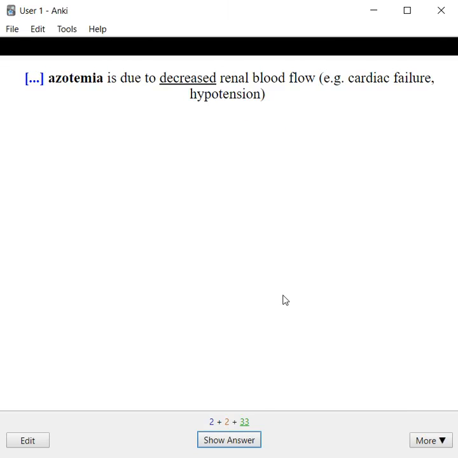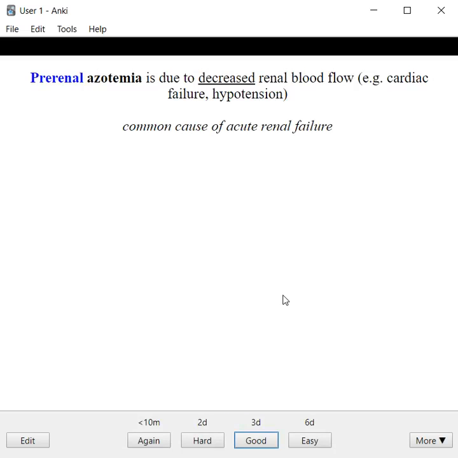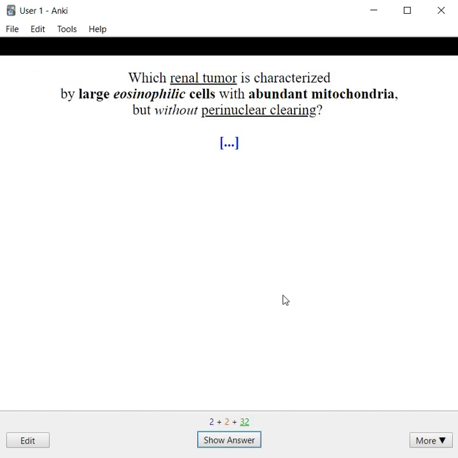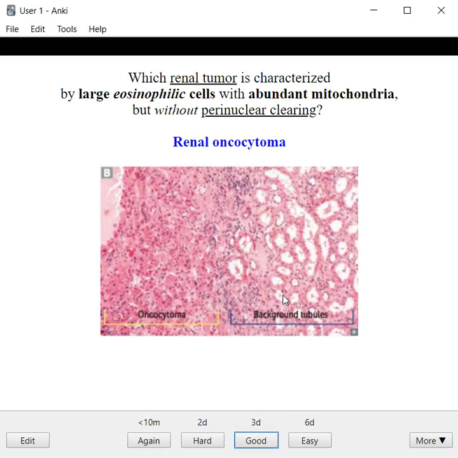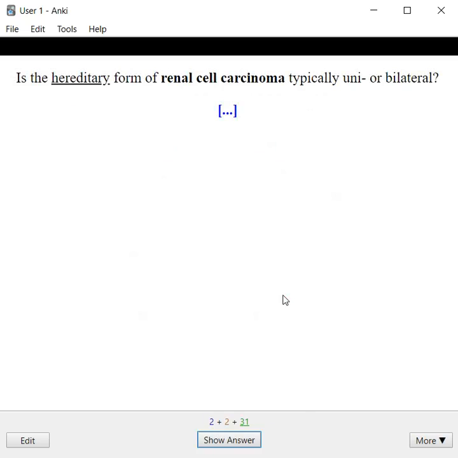What type of azotemia is due to decreased renal blood flow, for example, cardiac failure or hypotension? Pre-renal azotemia. Which renal tumor is characterized by large eosinophilic cells with abundant mitochondria, but without perinuclear clearing? That's renal oncocytoma.